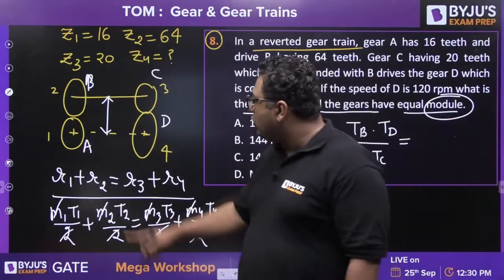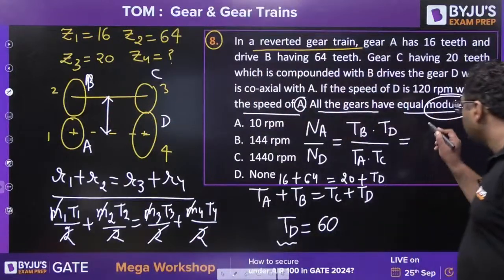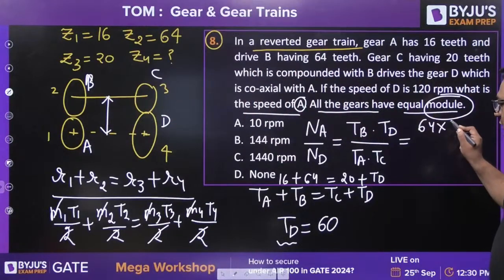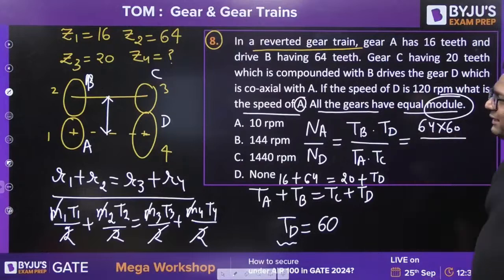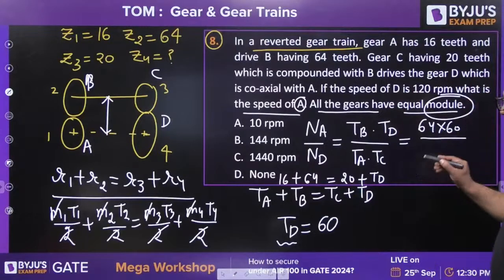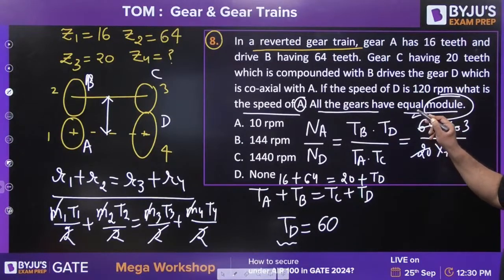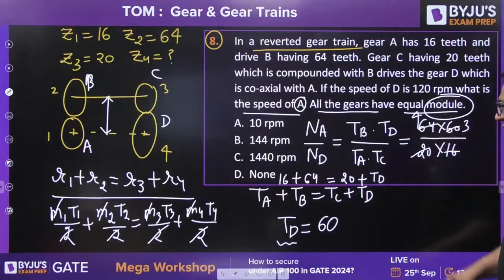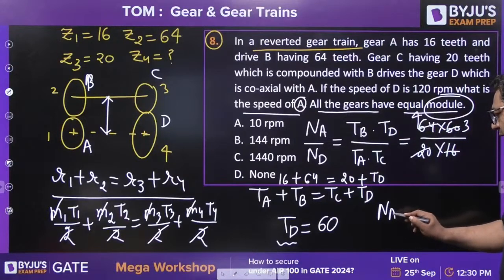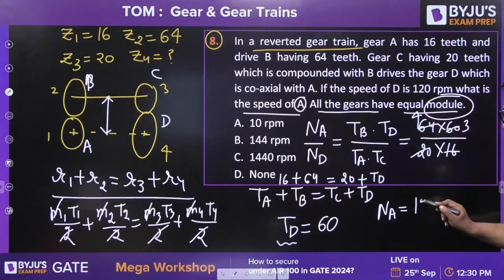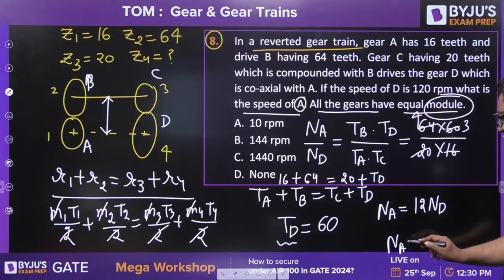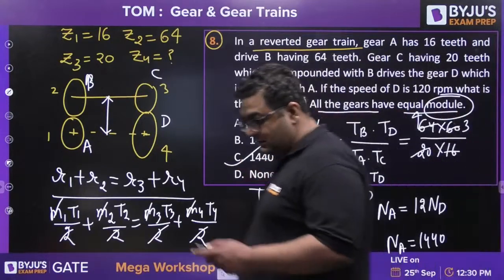TB, the number of teeth on B, is 64. So 64 into 60 divided by 20 into 16. It is becoming 12. So NA will be 12 times ND, so NA will come out to be 1440. The answer is C for this.